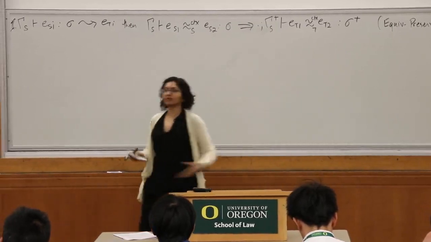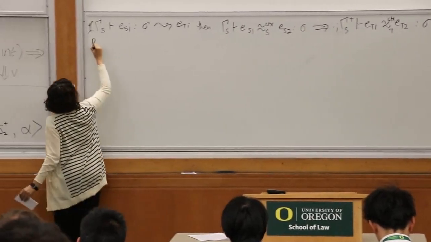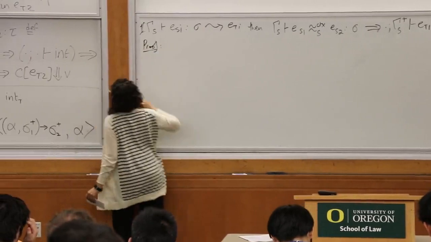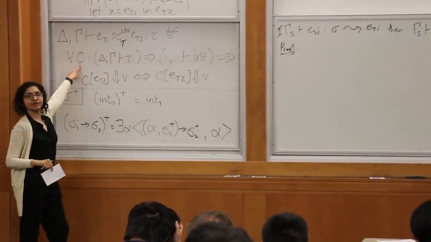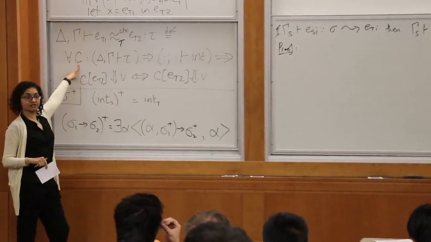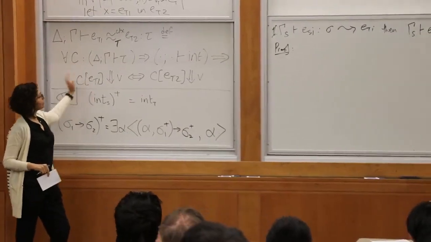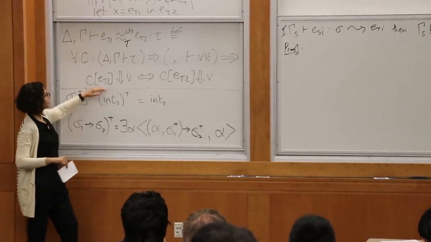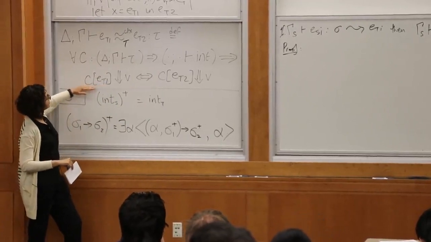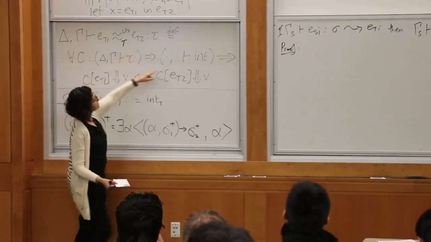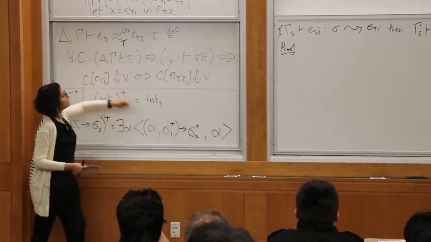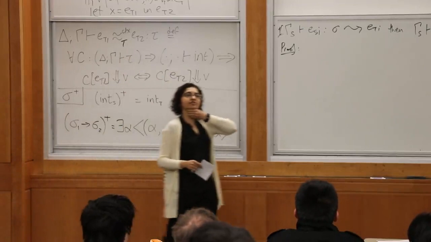So what we have to do for the proof is start out and say, okay, let's assume that we have an arbitrary well-typed target context. And then we can just do this in one direction. The other one will be analogous. Then let's assume that C with ET1 terminates and gives us some number n. This is going to be an integer. And then we have to show that C with ET2 terminates.